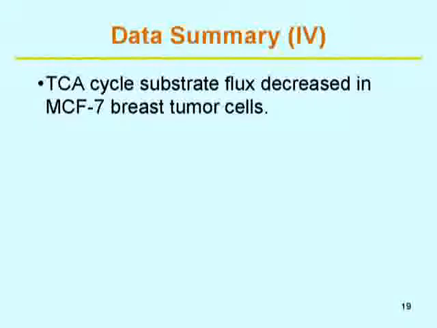Now, the TCA cycle substrate flux is, again, a very important measure of energy production and cell survival, and that seemed to be more responsive in the MCF7 breast cancer cell line.